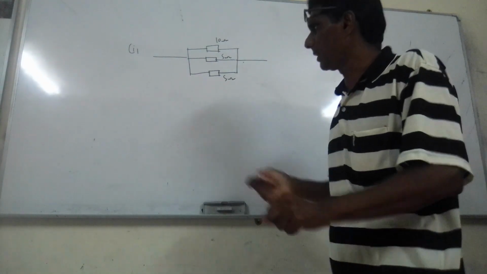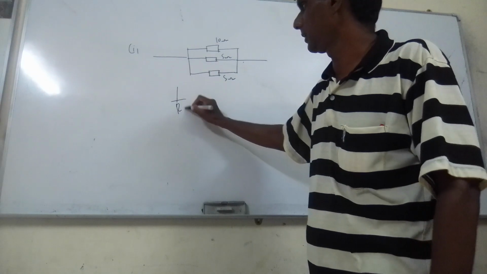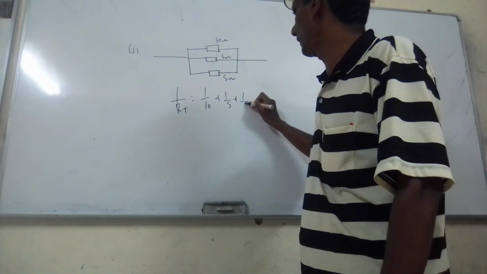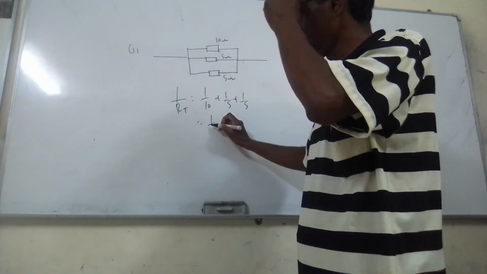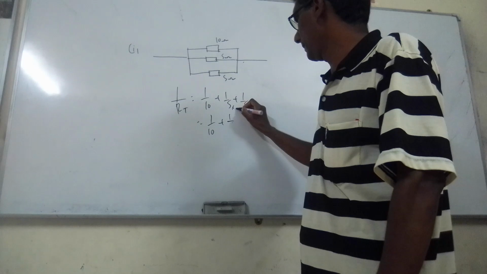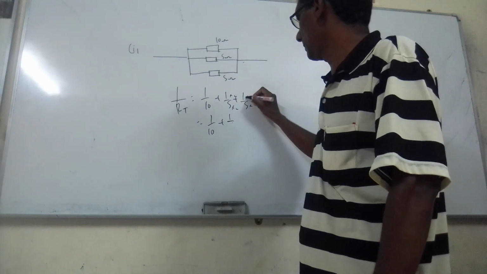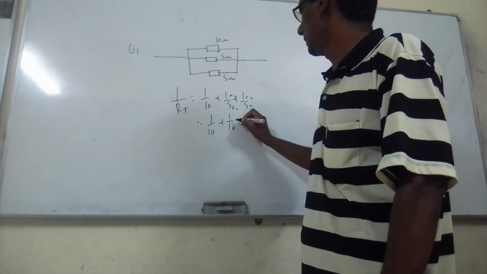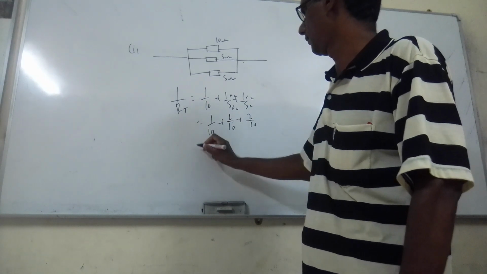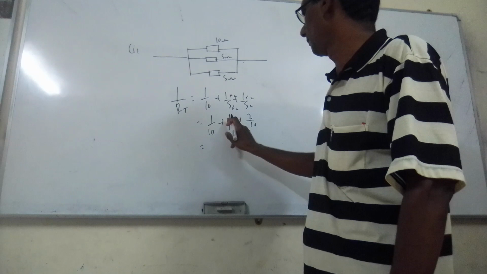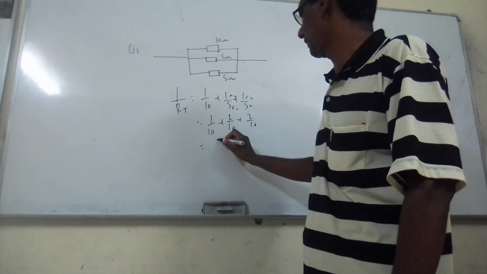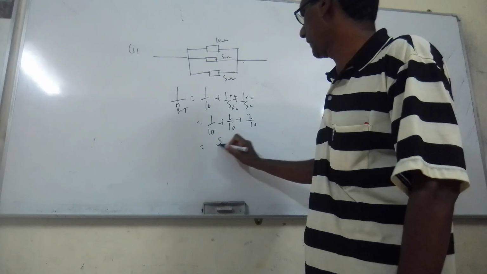I can prove it to you. 1 over RT equals 1 over 10 plus 1 over 5 plus 1 over 5. Converting to tenths, that is 1 over 10 plus 2 over 10 plus 2 over 10, so 5 over 10.